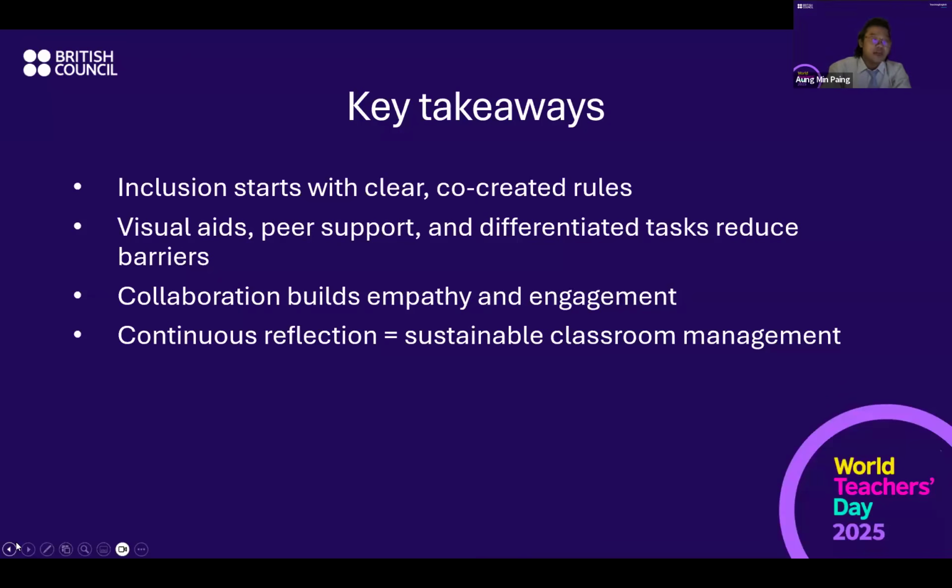Differentiated tasks reduce the barriers. That's why try to know the differentiation techniques that we'll be able to use in the class. Collaboration builds empathy and engagement. That's why let them collaborate in the classroom. And continuous reflection is equal to sustainable classroom management. This means that we still need to reflect on ourselves and develop more and more. Those are all the key takeaways.